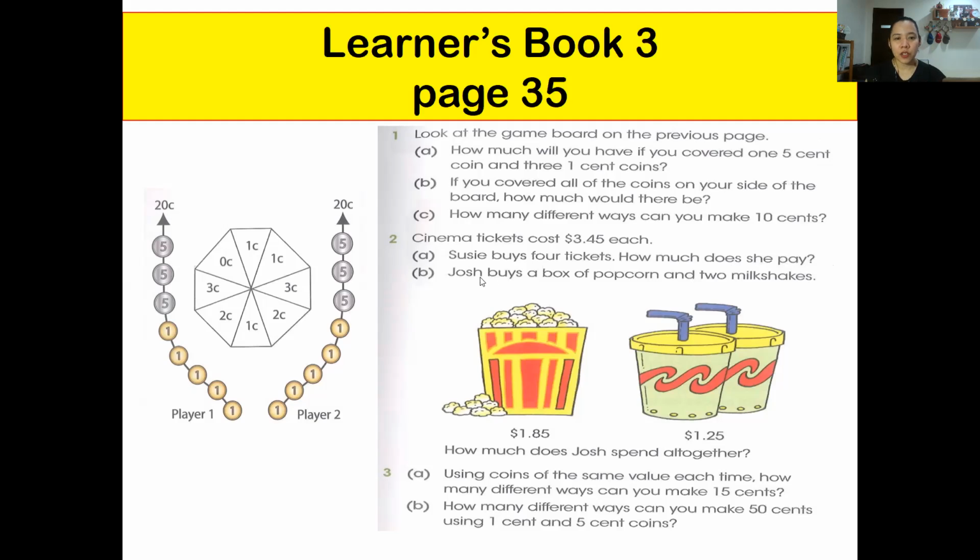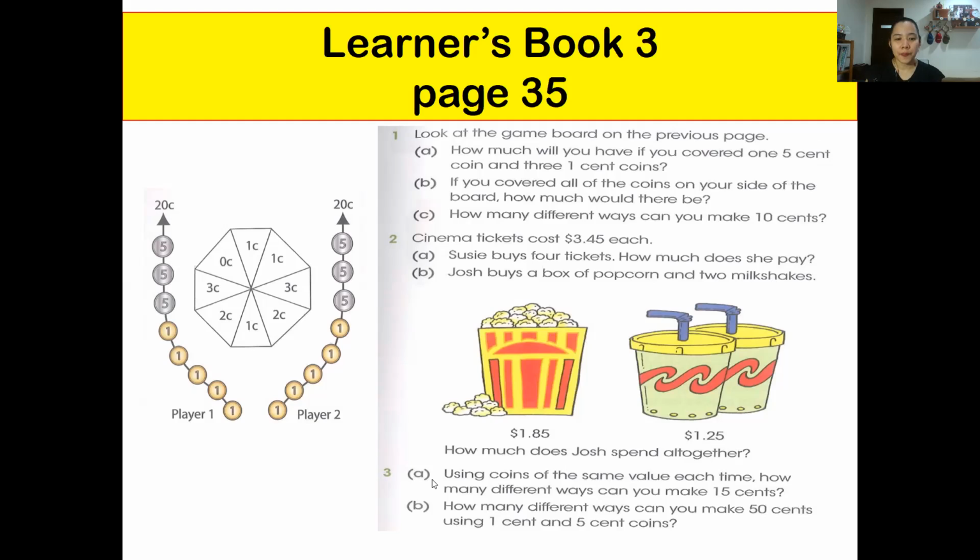Now letter B, Josh buys a box of popcorn and 2 milkshakes. A box of popcorn costs $1.85, while a milkshake costs $1.25. So how much does Josh spend altogether? Remember, it's only 1 box of popcorn and 2 milkshakes.